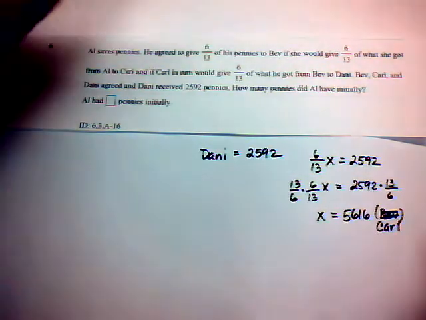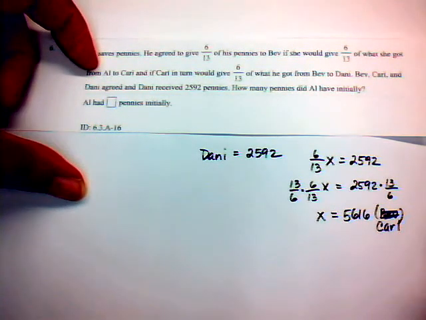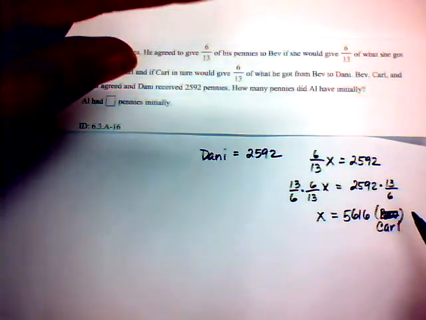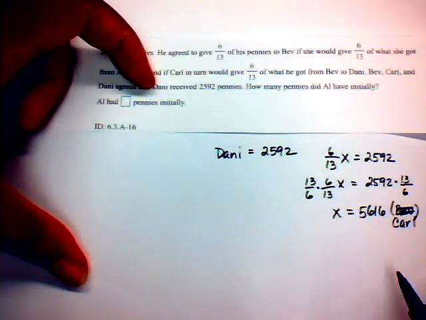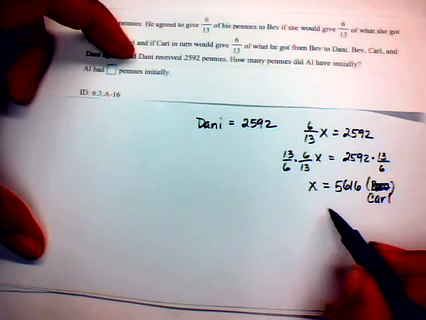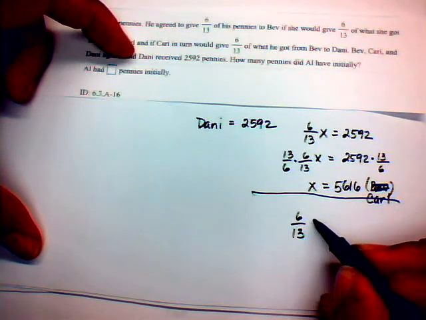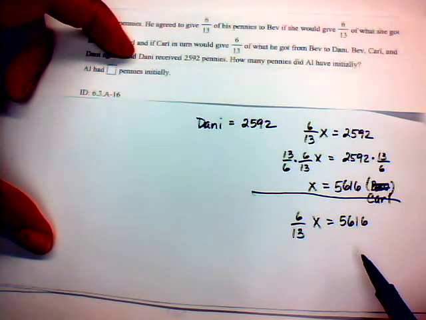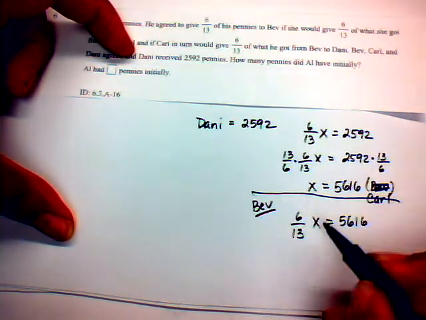Okay, now let's work backwards. Bev is going to give 6/13 of what she got from Al to Carl. So if Carl has 5,616, we need to find out how many Bev had. So here, 6/13 times the amount that Bev has is going to be the number of pennies that Carl has, 5,616. So this is for Bev.